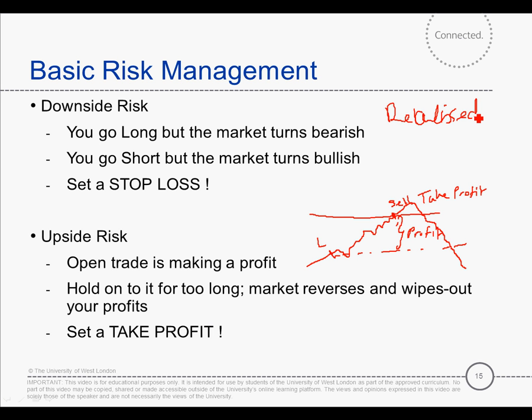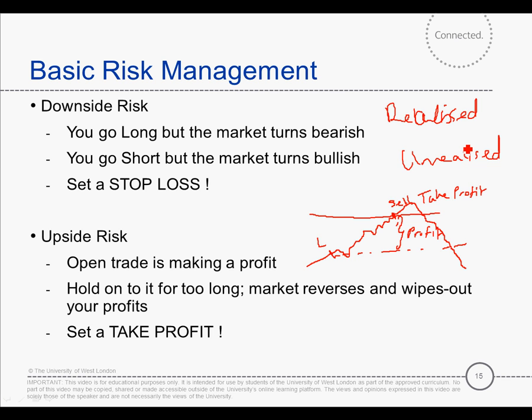So if you opened a long position and you close it at a loss, you made a realized loss. If you actually close it or sell it at a profit, you have made an actual realized profit. And then there is the unrealized profit or loss.